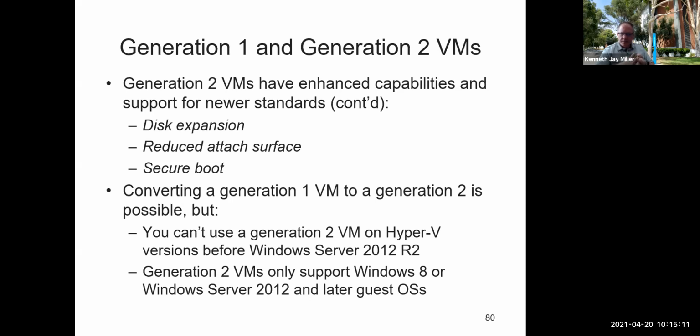So Generation 2 VMs only support Windows 8 or Windows Server 2012 and newer. So again, if you have older VMs, they have to be Gen 1. So for this class, make everything a Gen 1.